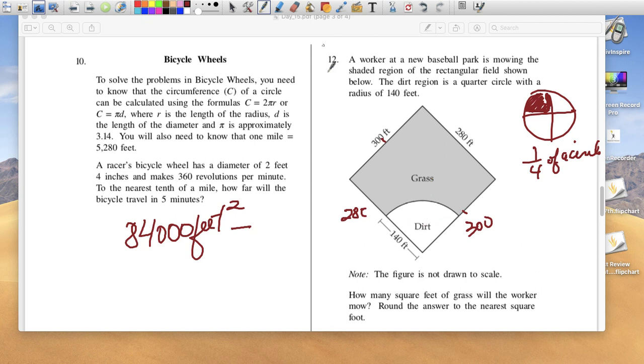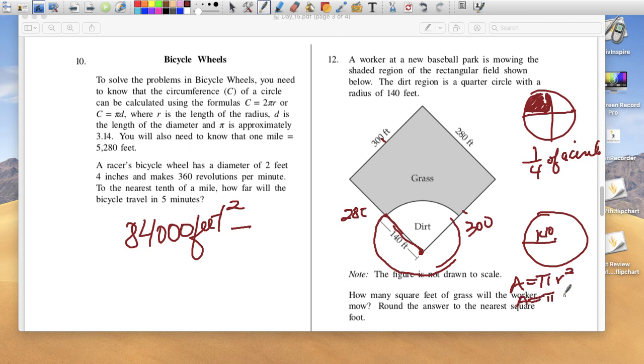Imagine that circle. This is the center, and this is the radius. So the radius of this circle is 140. Let's find the area. A equals pi r squared.